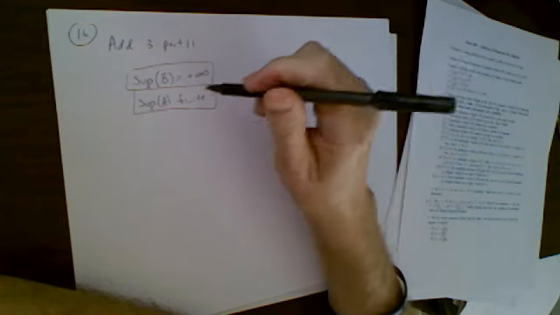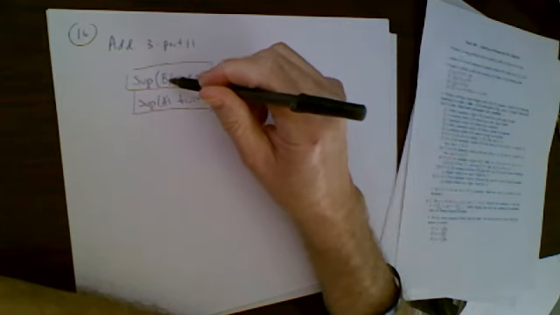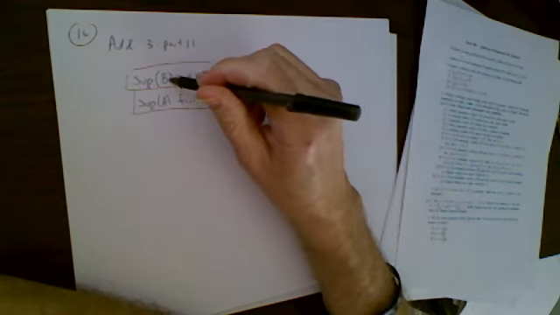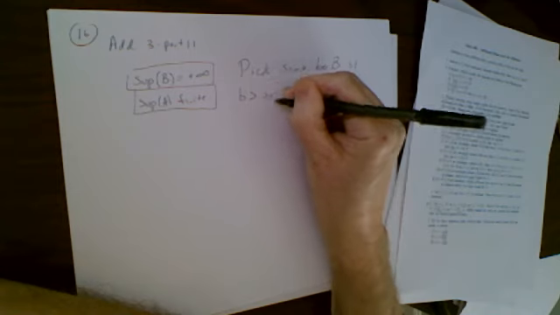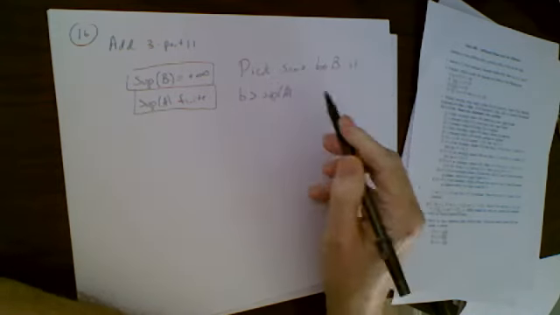Just pick a number in B, since again, B does not have an upper bound. So pick some b in capital B such that b is bigger than the sup of A. Since again, B is not bounded in this case, and A is bounded.